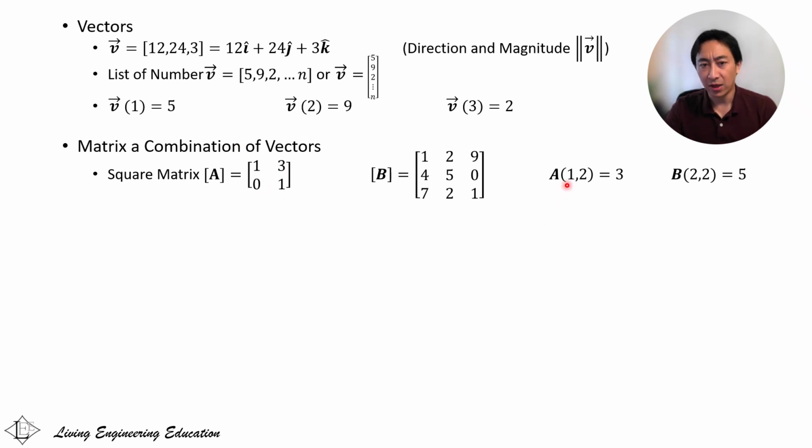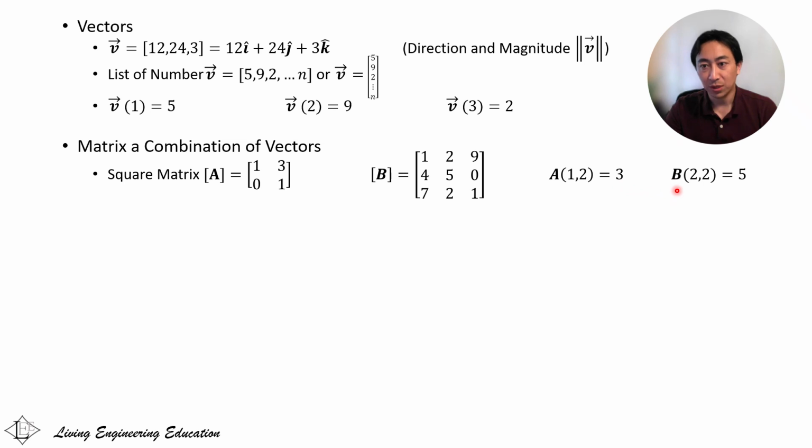The first value tells you which row you're looking at, and the second tells you which column. So if I'm looking at matrix A, the first row is the top row, and the first column is the far left column. So 1 is this top row, 2 is the second column, so this will be the value 3 for matrix A.